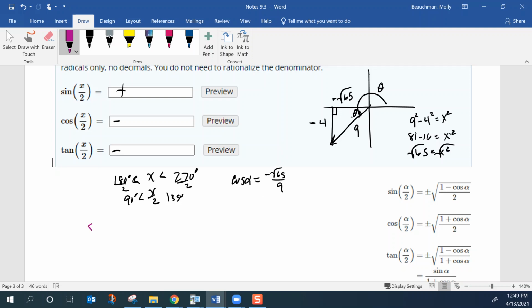So the sine of alpha over 2, in our case x over 2, is going to be positive square root of (1 minus the cosine, which is negative square root of 65 over 9) over 2. And then we're going to go ahead and simplify our fraction. Multiply numerator and denominator by 9. We get the square root of (9 plus the square root of 65) over 2. So that's our sine.